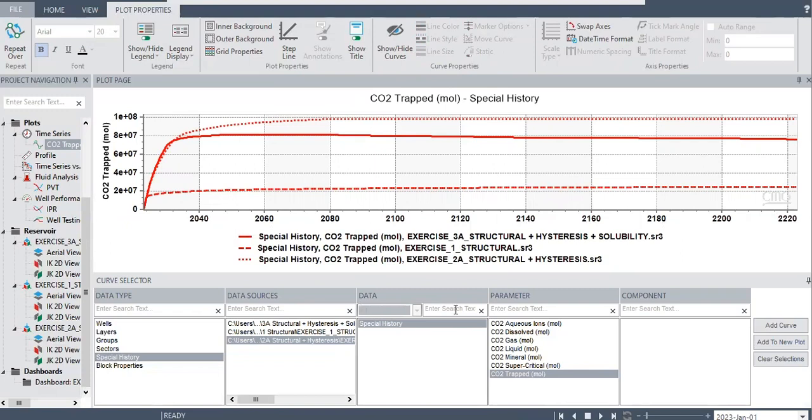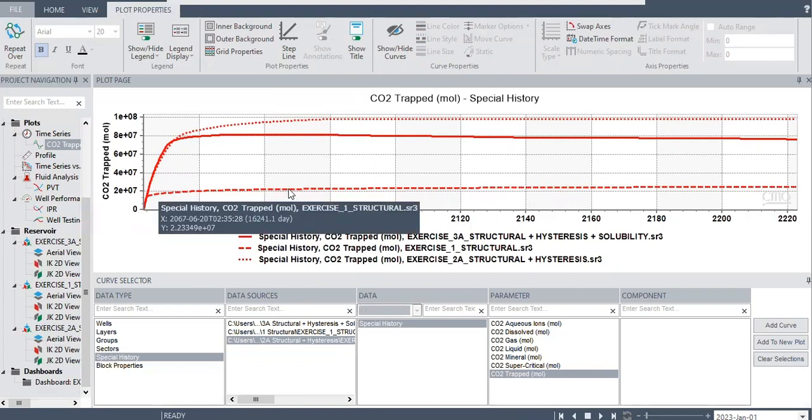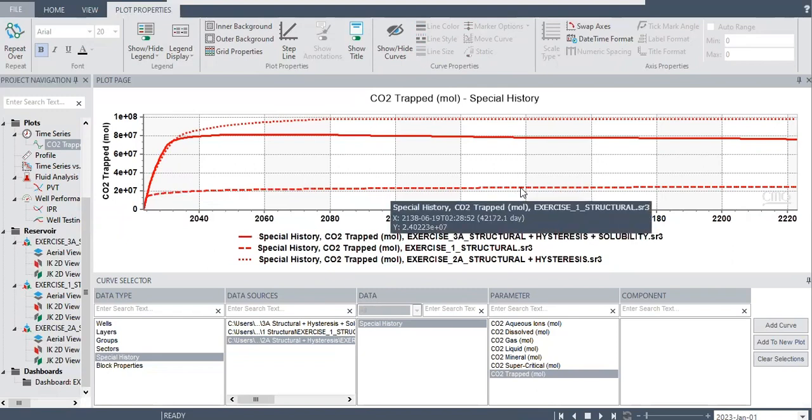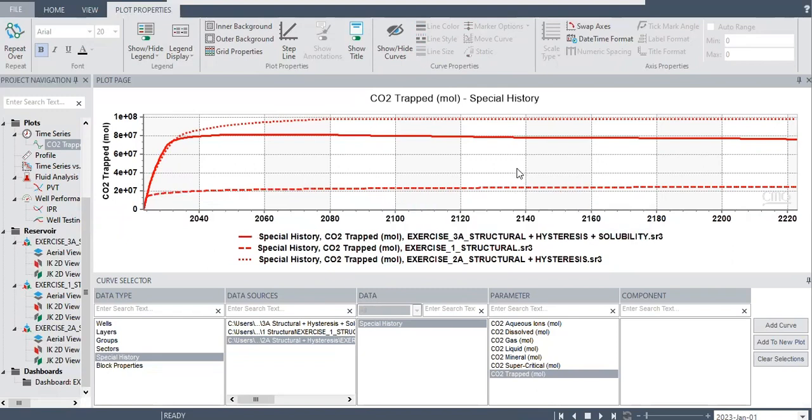You have the least CO2 trap in structural trapping only, because you see we have low critical gas saturation, which makes more and more CO2 escape from the pores as it propagates farther and farther from the well.